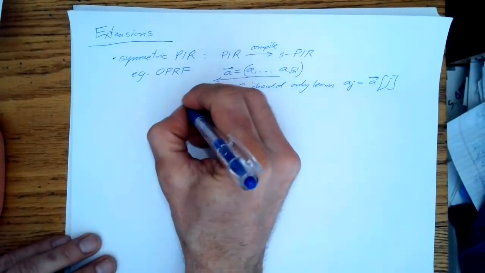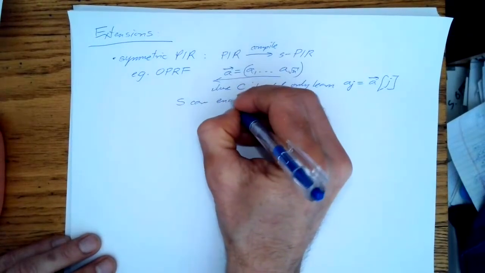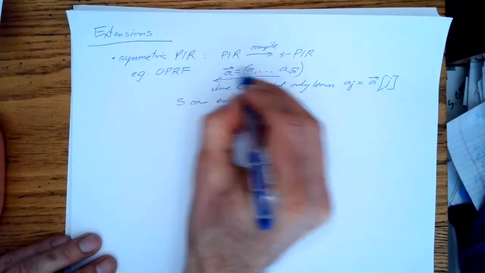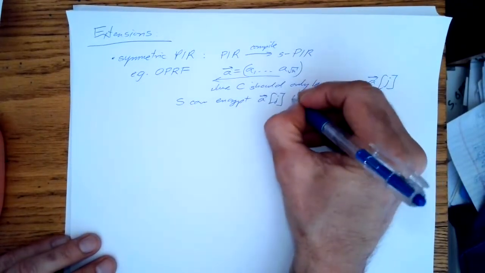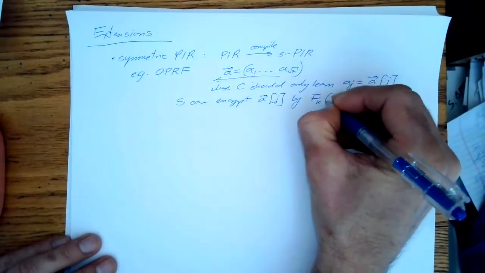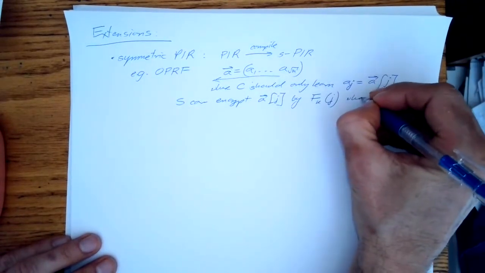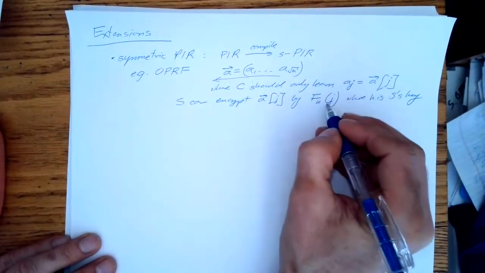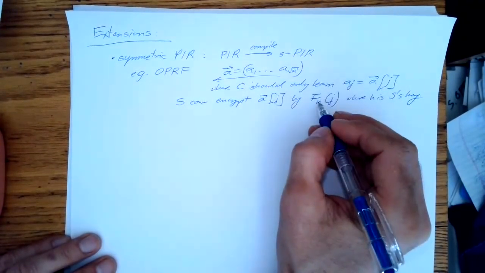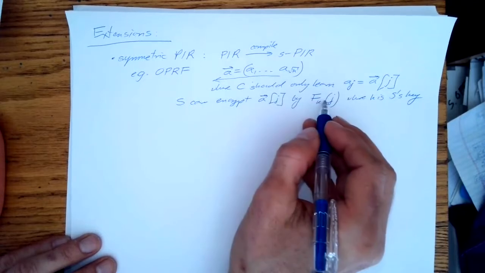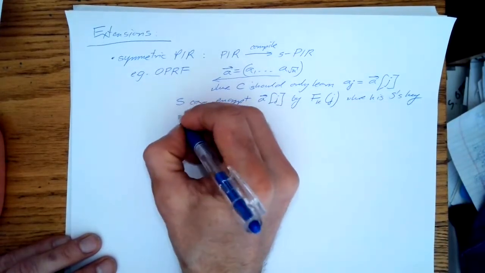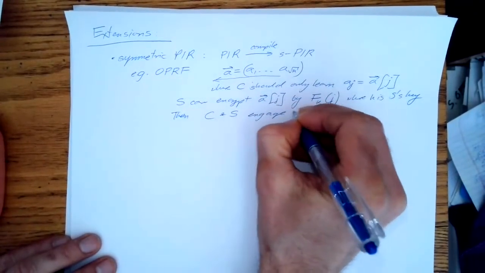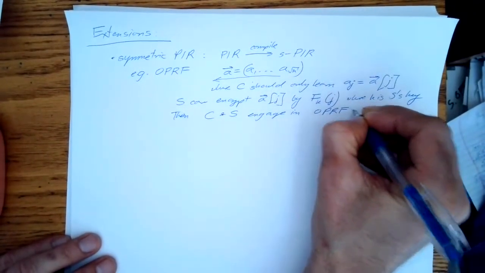So how about this? S can encrypt the jth element in the vector by a PRF, where K is S's key. Okay, so he is in a counter mode. He creates these values and he encrypts this with that used as a key. And then C and S engage in OPRF like this.